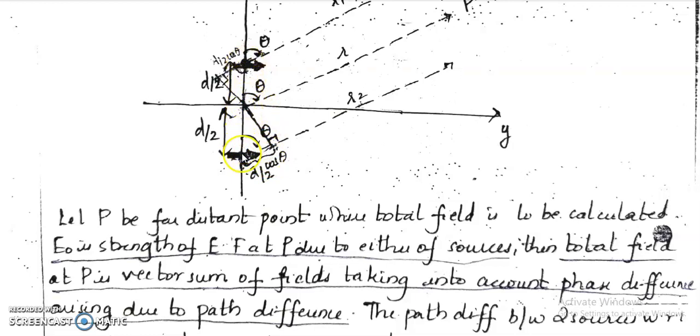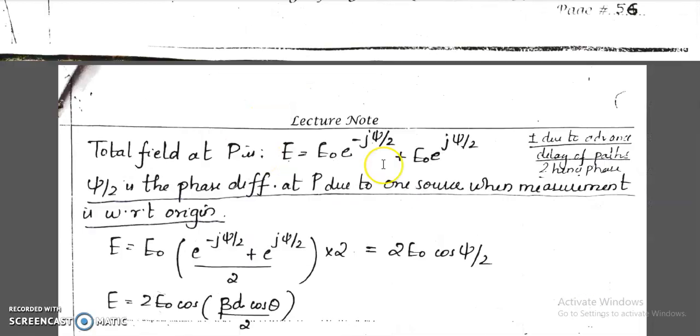Psi is the phase difference between two point sources, and the origin is midway between these two point sources. So the phase difference between a point source and the origin is psi by 2. That's why we use psi by 2 in the equation. Next, we want to check why we use a negative sign and a positive sign here.